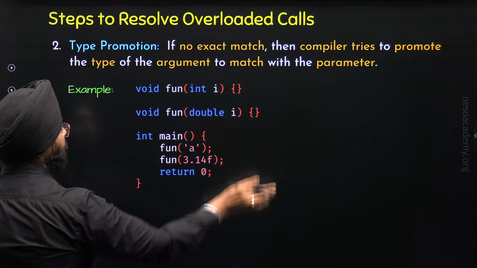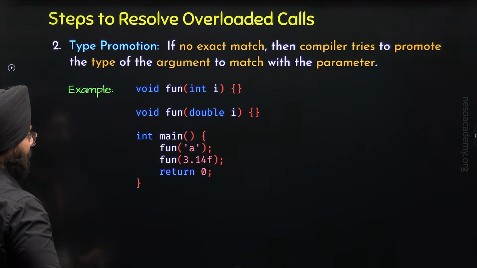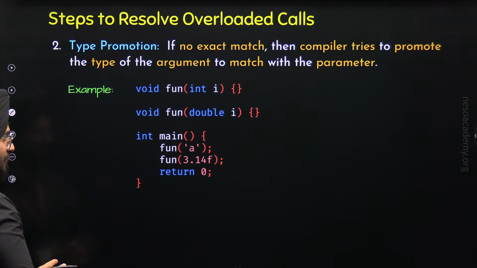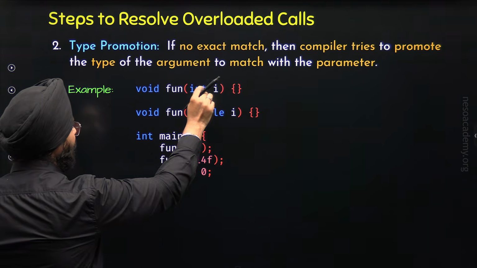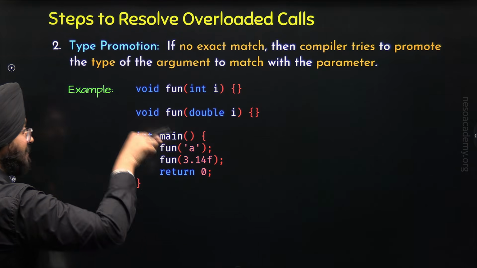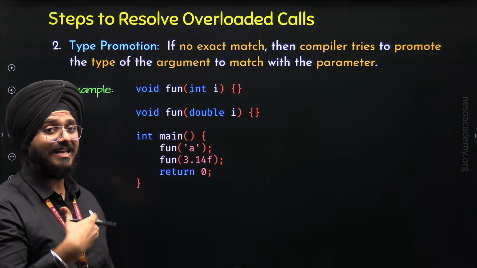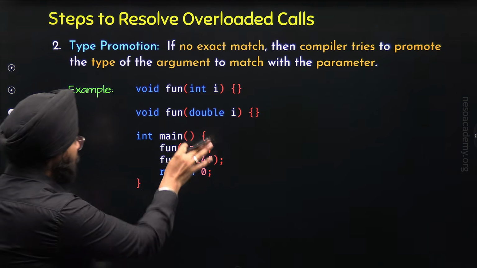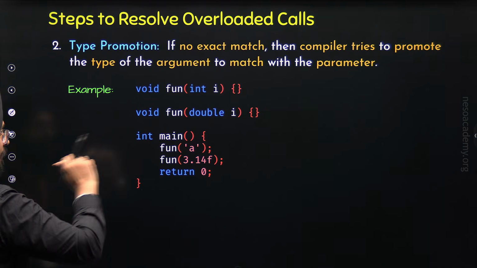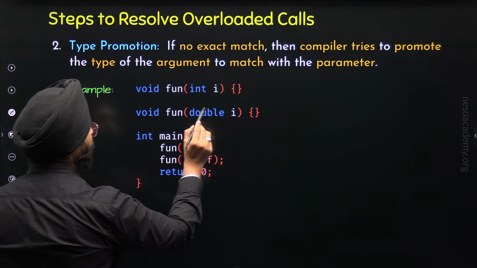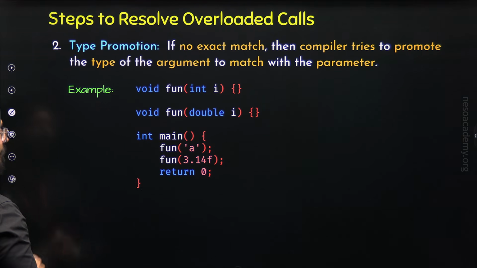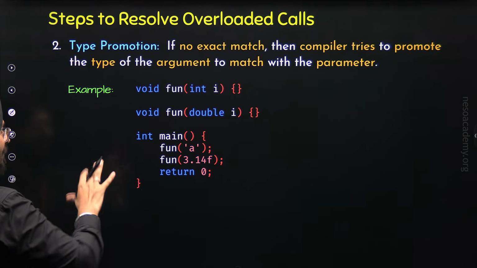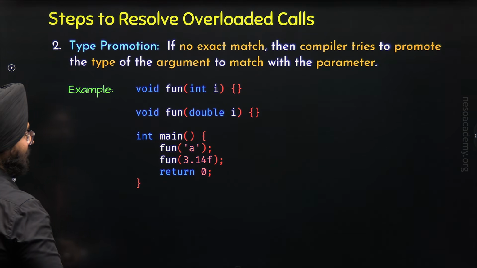Character will be converted to integer type. There are a couple of reasons behind this. Character and integer belong to the same category, that is integral types. So these two are integral types. That's the first thing. Here we have a floating point type. We know type promotion happens between the same categories of types.